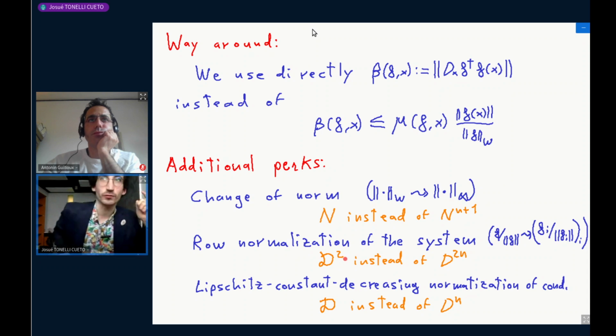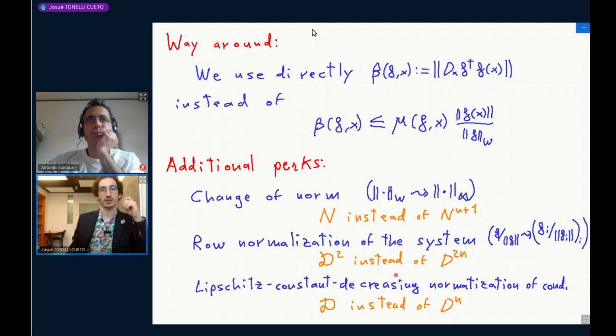So this is kind of the maximum versus the geometric mean. If our system has polynomials of different degrees, this can be an important gain. And we do something similar with the Lipschitz constant, decreasing the normalization of the condition number. So this is more or less, let's say, the bird's-eye view.